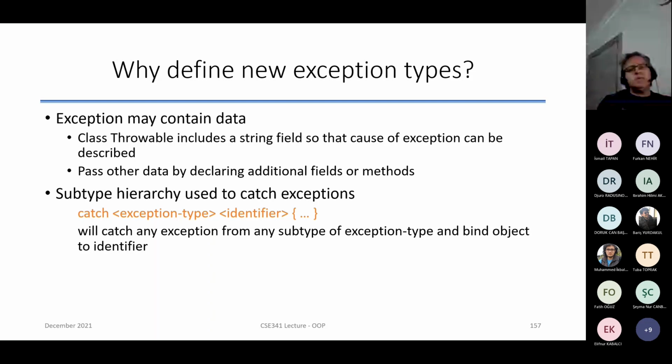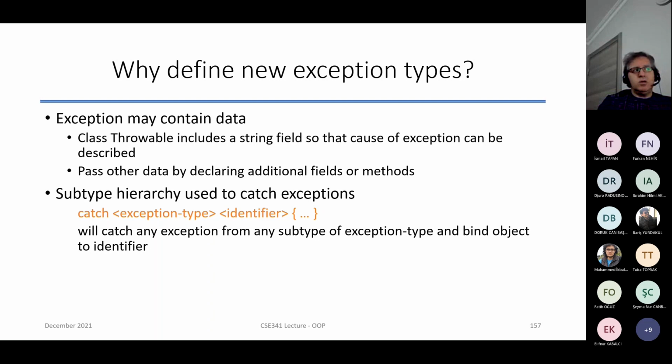One of the reasons that Java defines exception as a new type is because exceptions may contain data, and you may want to keep that data, process it in the right way, and communicate data in the right way.